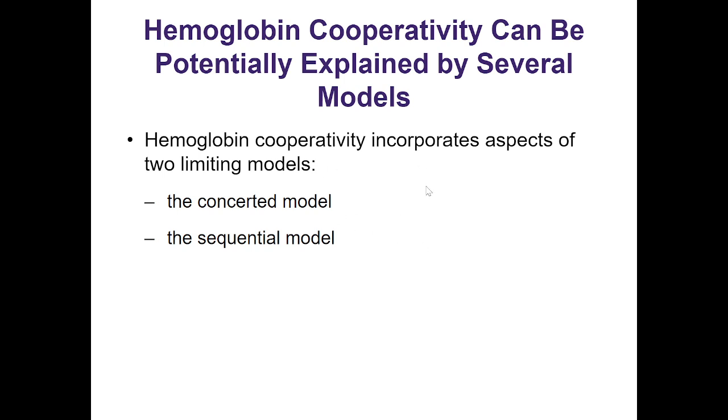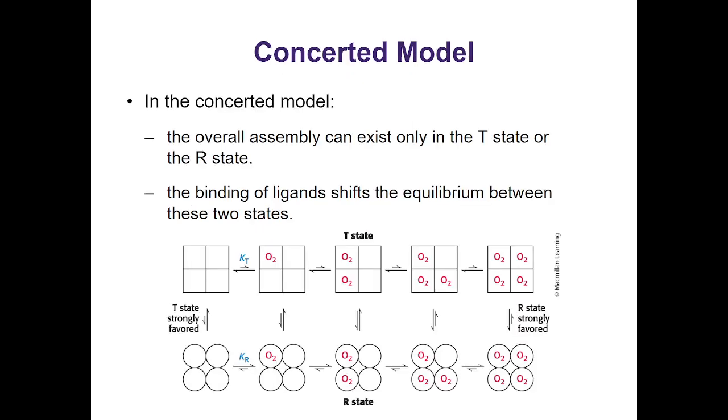Anyways, hemoglobin is going to cooperatively incorporate aspects of two limiting models. That's the concerted model and the sequential model. In the concerted model, the overall assembly can exist only in the T state or R state. The binding of the ligands will shift the equilibrium between these two states.